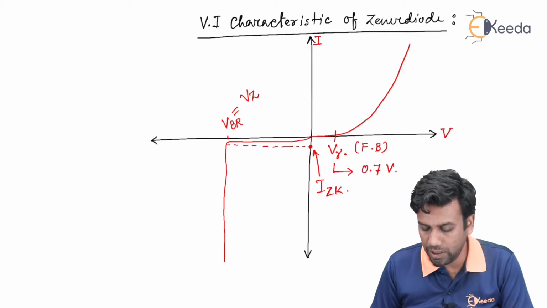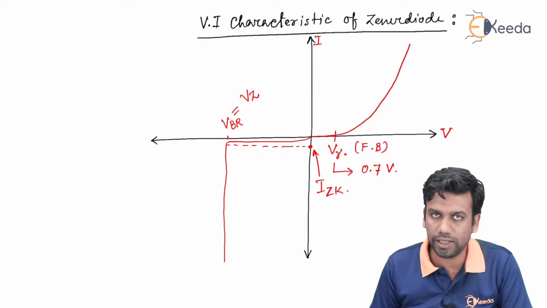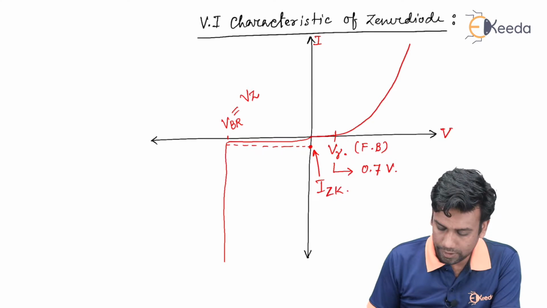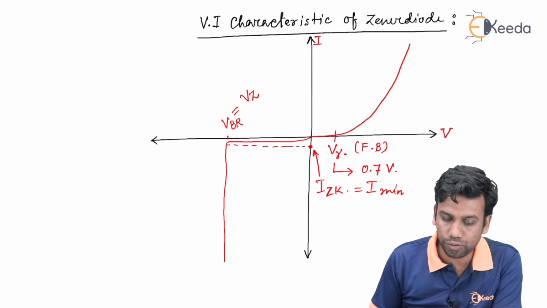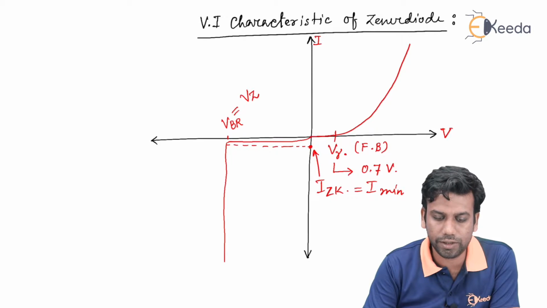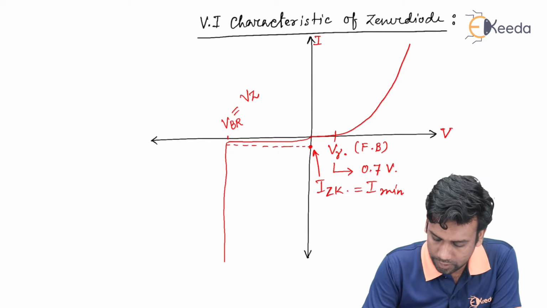So, IZK is the minimum amount of current that is flowing through the Zener diode, and Vz is the voltage across the Zener diode during operation in the breakdown region, and it remains constant. As we have seen here, this IZK is the minimum current that can flow through the Zener diode. So, when the Zener diode is in reverse bias below the breakdown voltage magnitude, it will be non-conducting and will not work in the normal diode region.